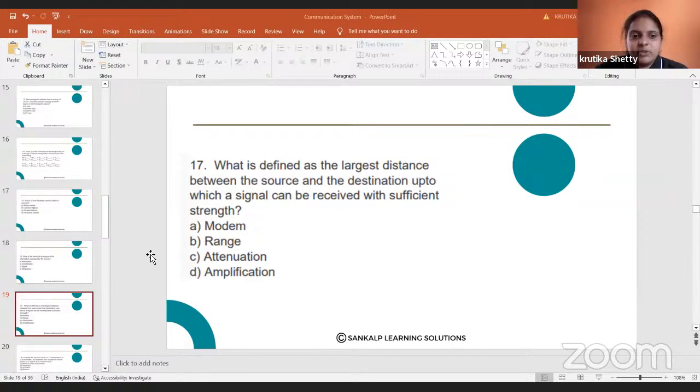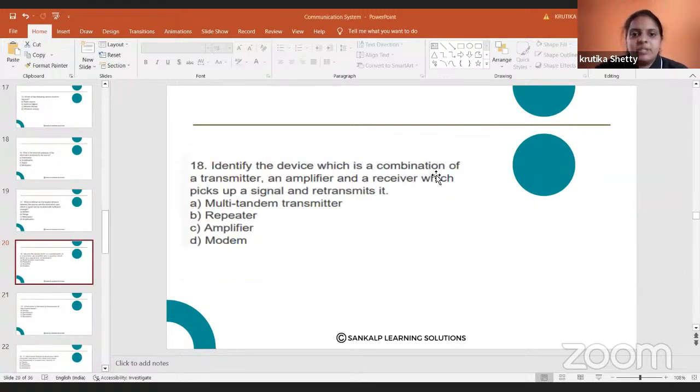Then the next question. Identify the device which is a combination of a transmitter, an amplifier, and a receiver which picks up a signal and retransmits it. So you need to identify the device which is a combination of a transmitter, amplifier and receiver. So that combination is called as.